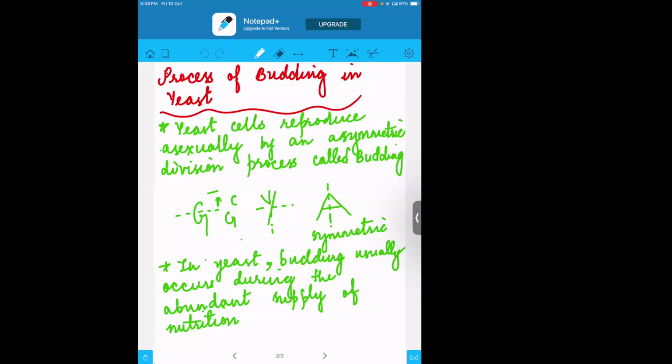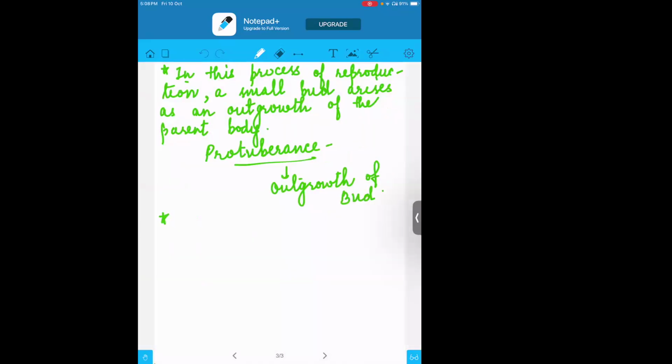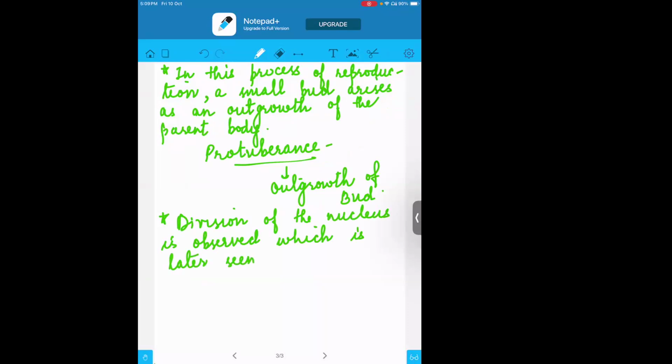Yeah, thank you. Welcome. So after formation of the outgrowth, what happens? The division will be there. Division of whom? Division of the nucleus will be there. So the nucleus will divide, and one part of the nucleus will go into the daughter cell, which is later seen in the bud. So they start dividing, and later on half of the nucleus will go into the bud.